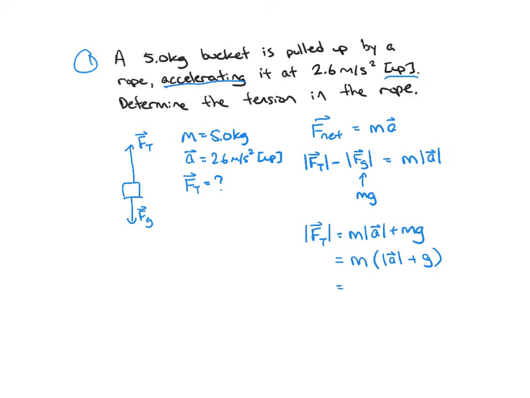I'll fill in the values now. 5 kilograms for the mass. Acceleration is 2.6. g, gravitational field strength, is 9.8. And then I calculate that out with a calculator.